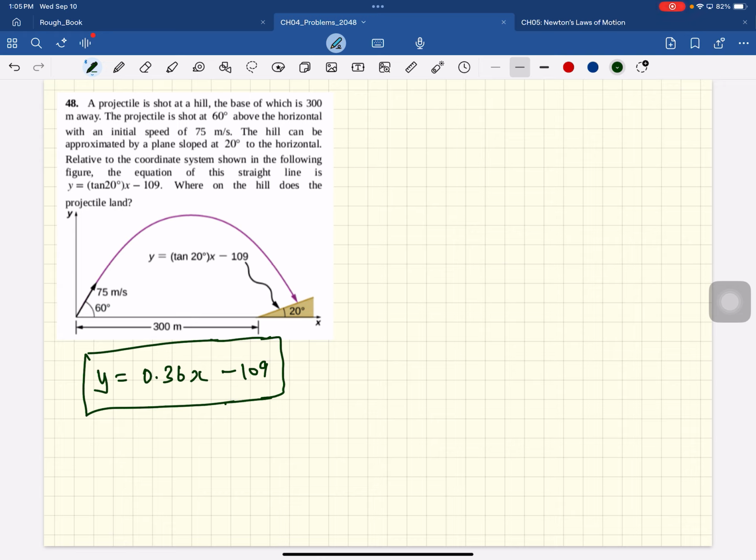All right, so for all these guys, you want to write the initial velocity and the acceleration. What is the initial velocity? 75 cosine 60 i plus 75 sine 60 j.